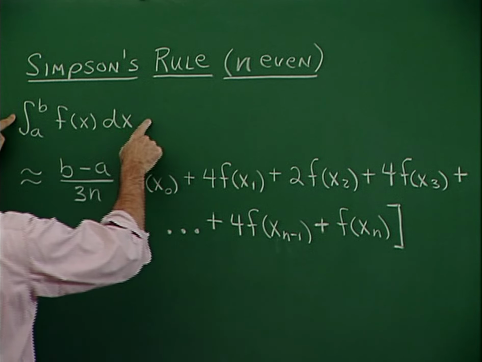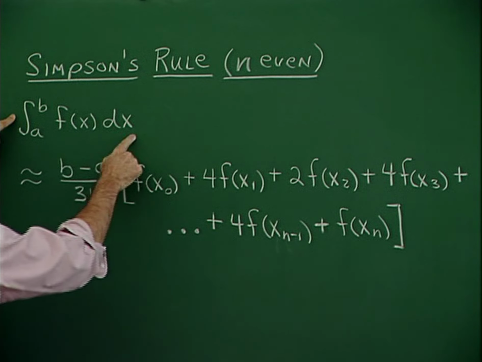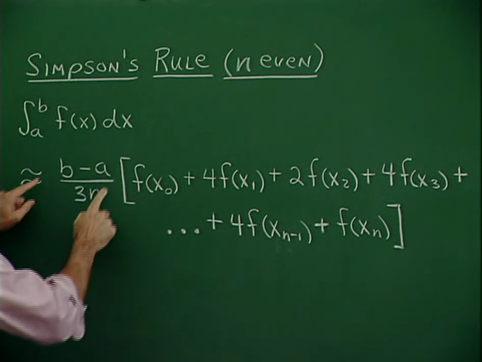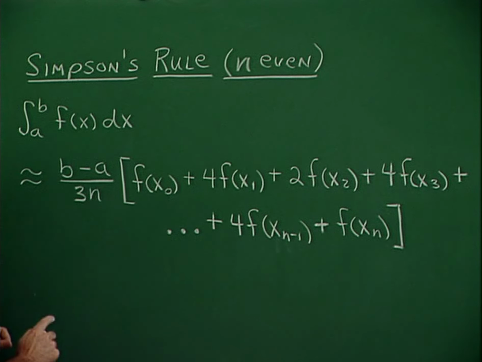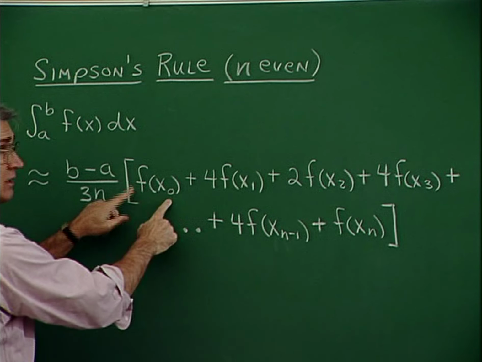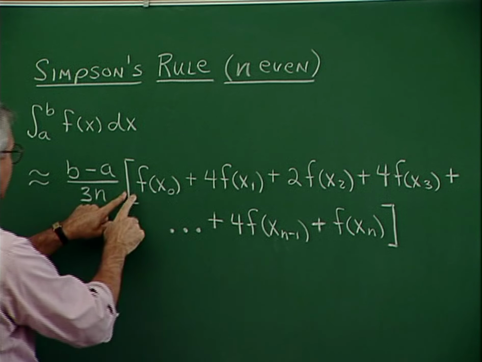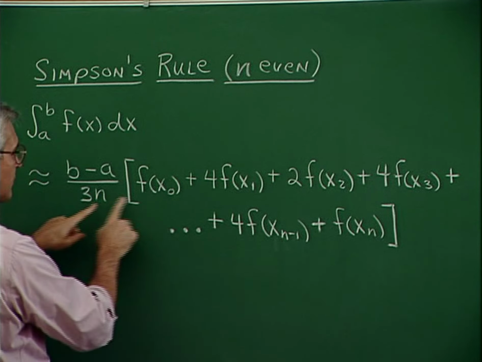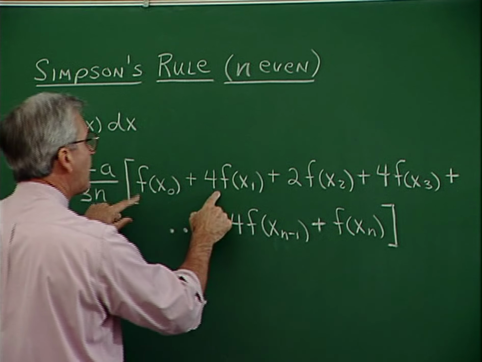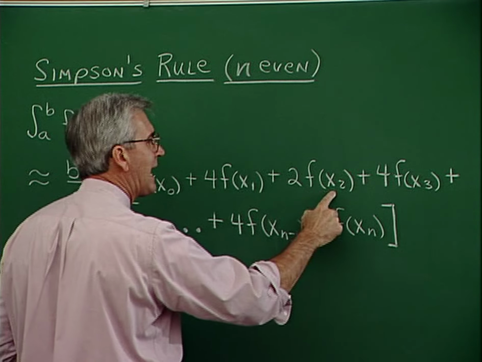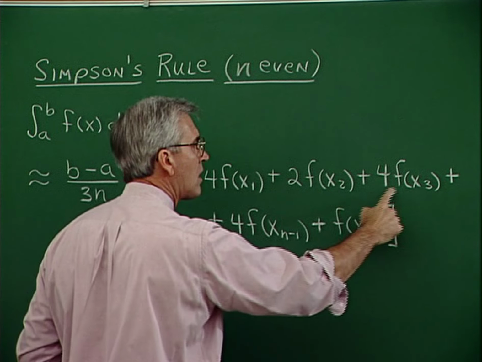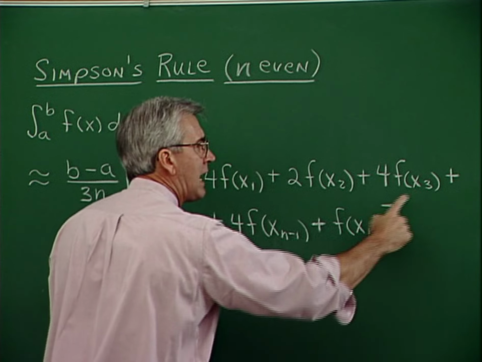The integral from a to b of f of x dx is approximated by (b minus a) over 3n times f of x naught. Looks a lot like the trapezoid rule, doesn't it, up to here, except we didn't have the 3 here, but f of x naught plus 4 f of x sub 1 plus 2 f of x sub 2 plus 4 f of x sub 3, and so on.